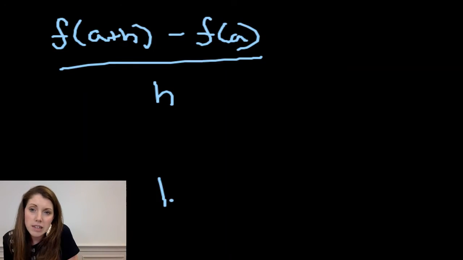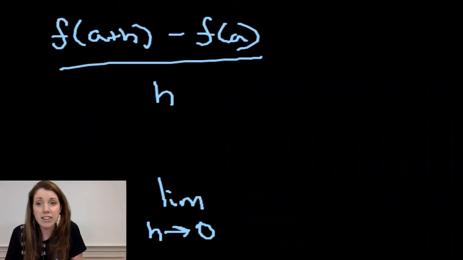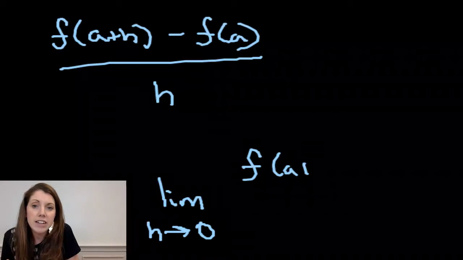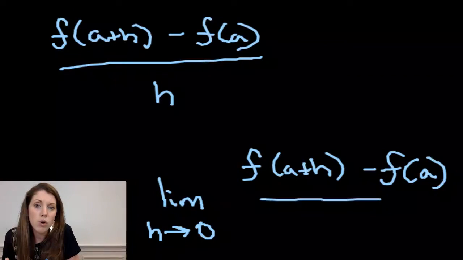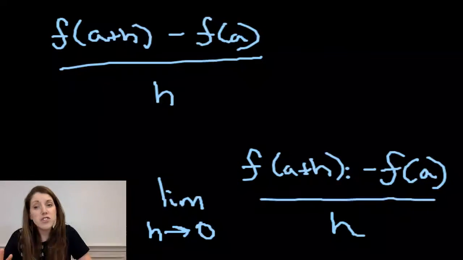If we can find the limit as h becomes essentially nothing, the distance between these points becomes essentially nothing, then if I can plug in values for this formula, which is basically change in y over change in x, which we simplified, I can find not just the average rate of change, not even a good estimate, but I can find the exact instantaneous rate of change or instantaneous slope of any function at any point along that function, as long as it exists, right?